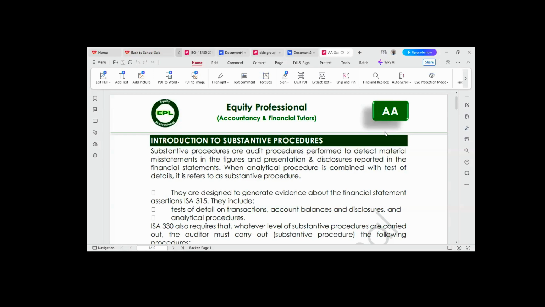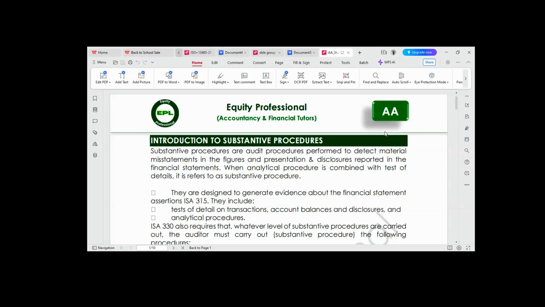So substantive procedure is not a test per se. Okay, it is just a set of procedures that are performed in order to ensure that there are no material misstatements in the financial statement presented by the management. So that is not a test.